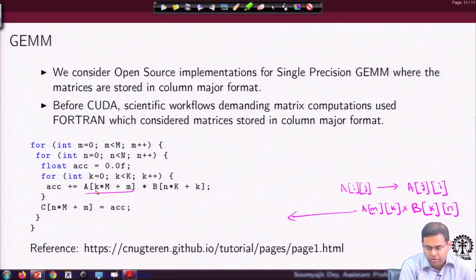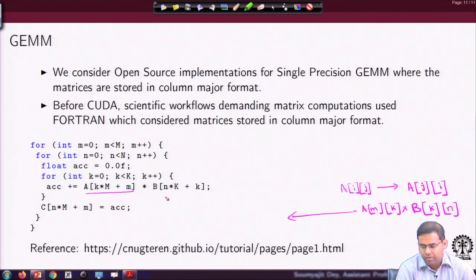Considering a row major way, it is a k small m. So, you multiply k by capital M, the number of rows, and add small m, and similarly for the other one. The mathematical entity is b k n, but when you are accessing the real entity in memory, since the storage is in column major format, we just take it the other way around.